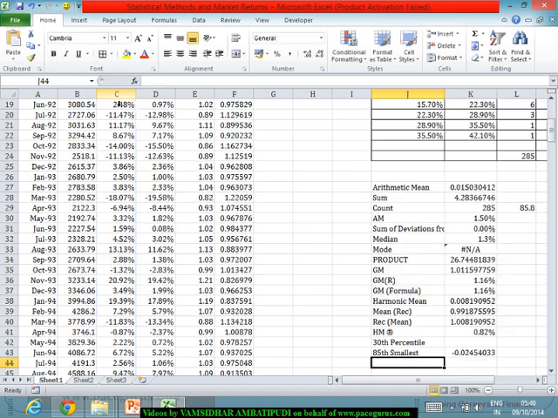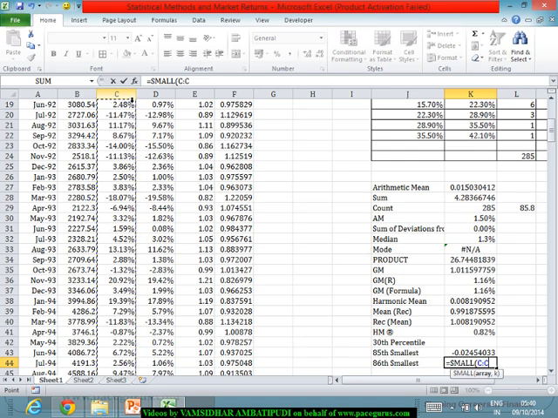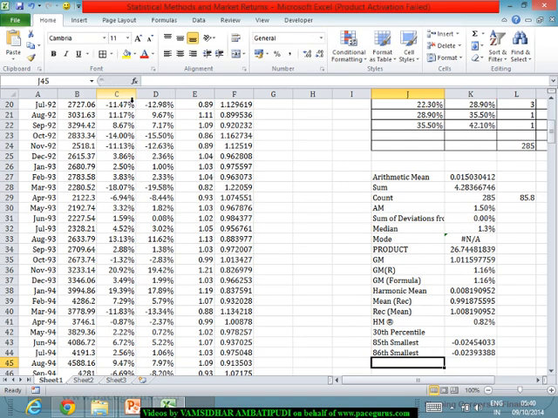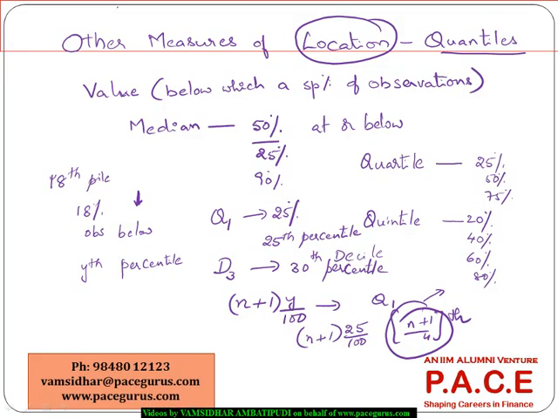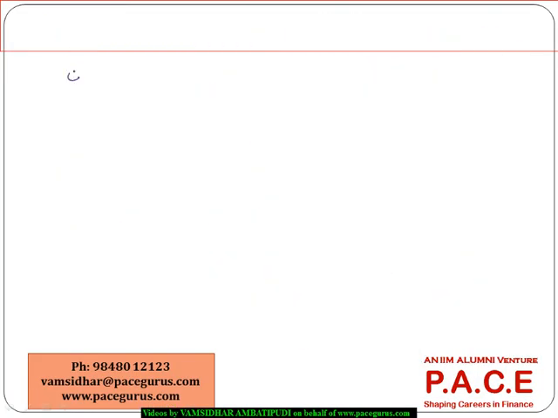Okay, so this was my 85th smallest value, and I'll also find the 86th smallest within the same data. So this was it. Now I will use a mechanism called interpolation.